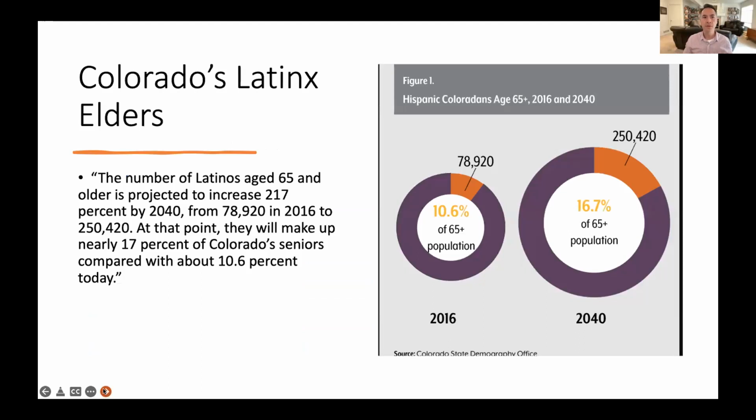Good. Okay. I want to focus in on Colorado's Latinx elders. My research in this aspect is that this is not my heritage, this is not my culture. But I've had a number of opportunities to discuss this topic with Latinx physicians, healthcare team providers, patients, normal everyday people, and other medical assistants from this community.